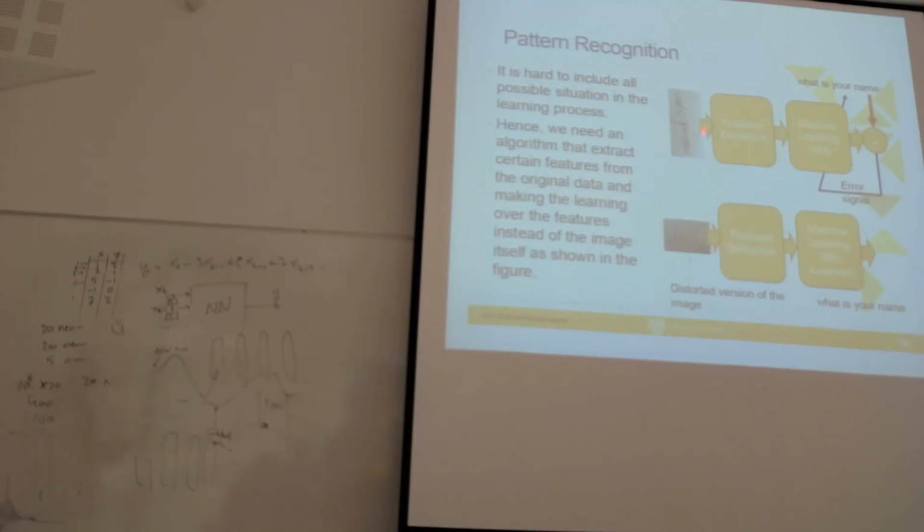Because if you change it and the outputs change as well, then the neural network, even after learning, will fail to extract the information. So it is important to have reliable feature extraction, able to extract similar features regardless of the size of the image or the rotation or orientation of the image itself.